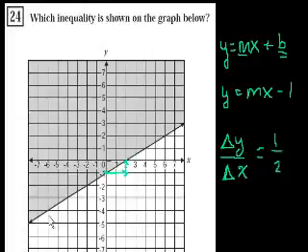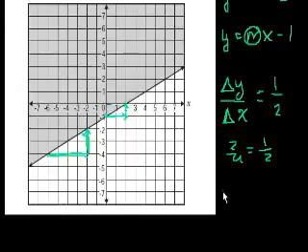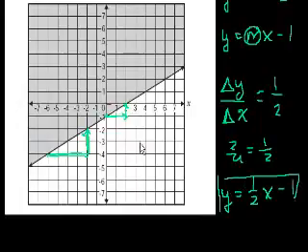You could say when you increase x by 4, I'm going 4 spots, I increase y by 2. So you could have said change in y over change in x is 2 over 4, which is also equal to 1/2. But either way, we now know the slope. So the equation of the line is y is equal to 1/2 x minus 1. That's the equation of this line.